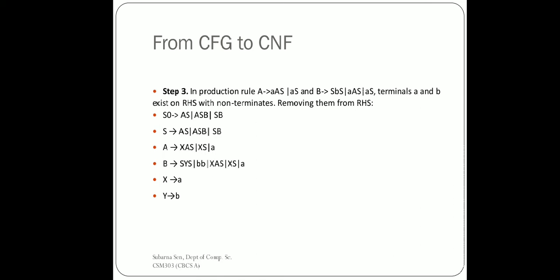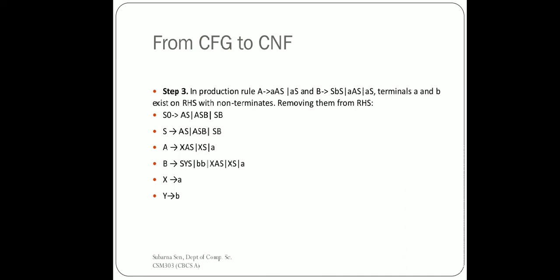If you follow the previous slide, in case of small a, capital S, they have incorporated one capital X in place of small a followed by capital A, and small a has been replaced by capital X in both the cases.